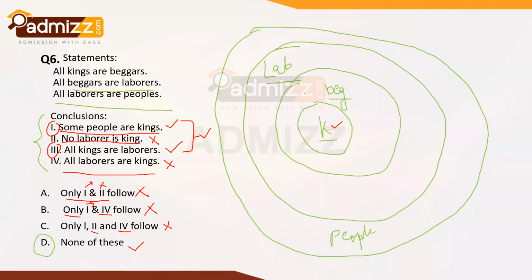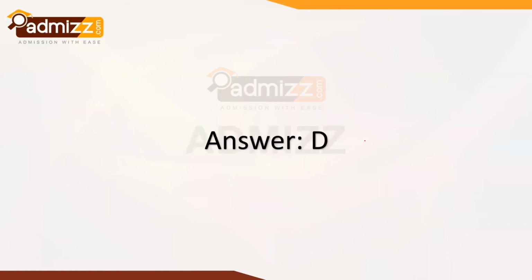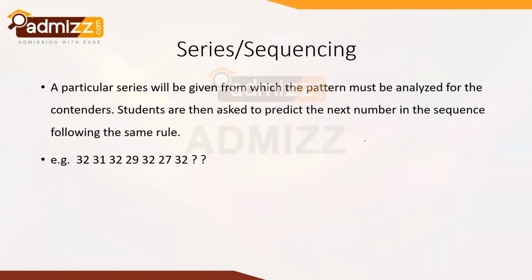All right, cool. So with that said, we'll be concluding syllogism for the time being, right? We'll be moving on to series and sequences. This consists of very fun logical reasoning problems, right?